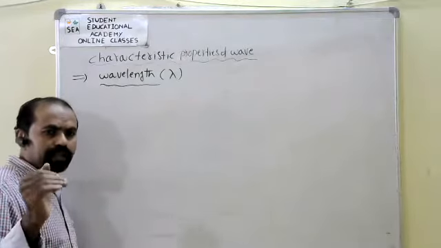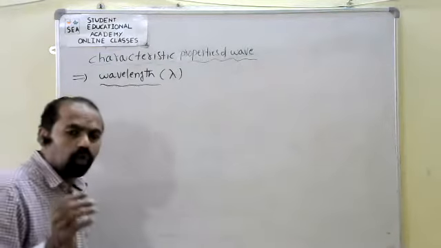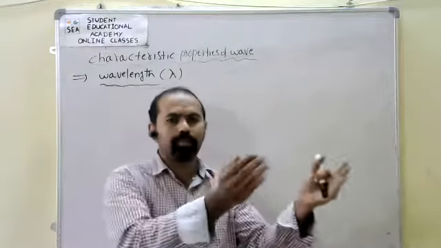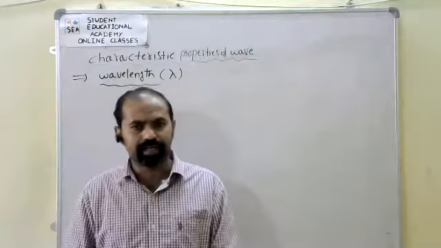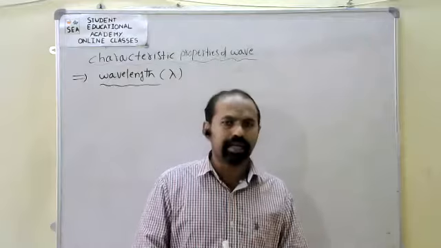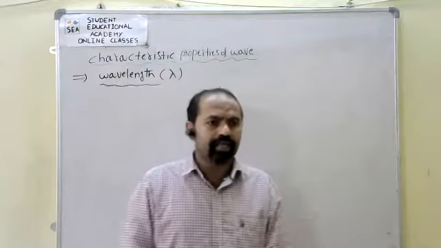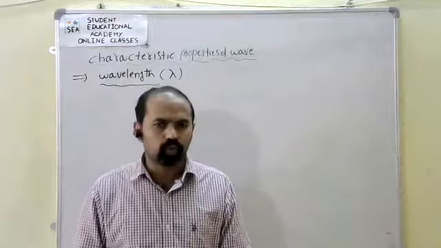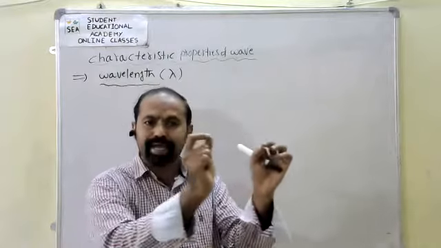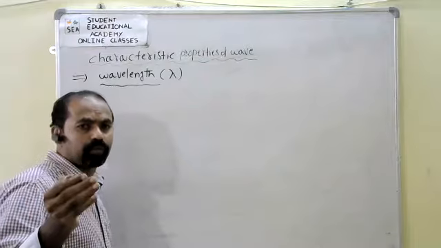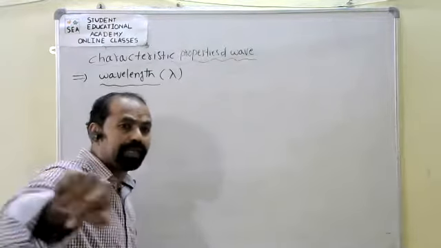Then I have given some conversions. 1 angstrom equals 10 power minus 8 centimeters. That is nothing but 10 power minus 10 meters. Like that, 1 nanometer equals 10 power minus 7 centimeters or 10 power minus 9 meters.